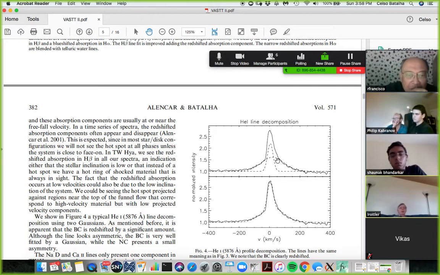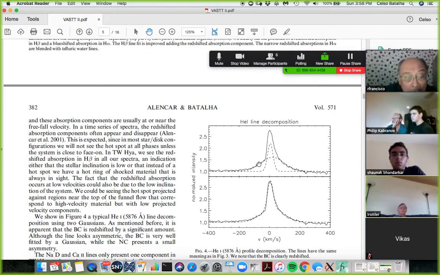So that thing is falling, as we see. So the broad component is peaking in the red, which means it's falling down towards the star. And it's turbulent because it's large, and it's falling to the star because it's redshifted, right? And then we are happy with that.